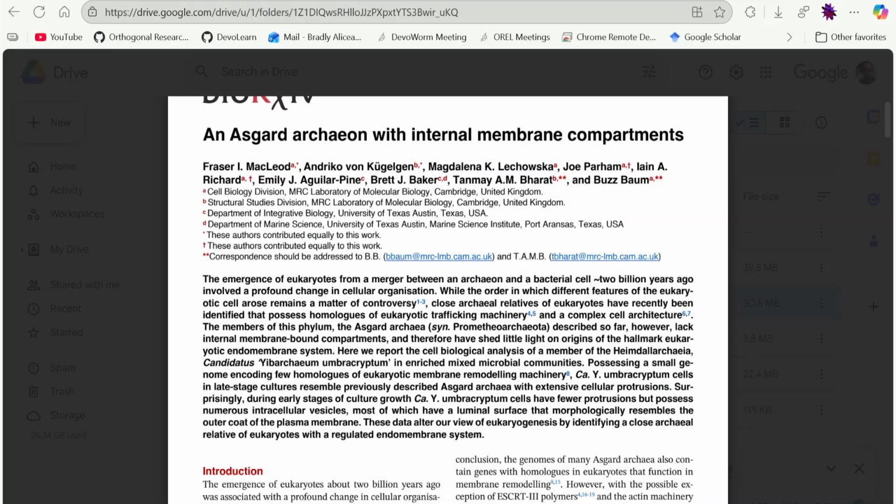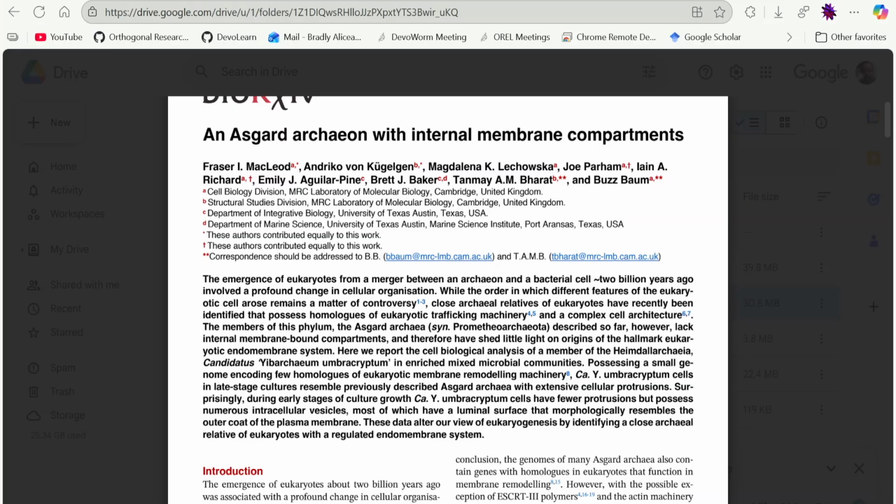Here we report the cell biological analysis of a member of the Archaea, Candidatus Eudoraarchaeum umbrocryptum, in enriched mixed microbial communities, possessing a small genome encoding few homologs of eukaryotic membrane remodeling machinery. The cells in late-stage cultures resemble previously described Asgard archaea, with extensive cellular protrusions.